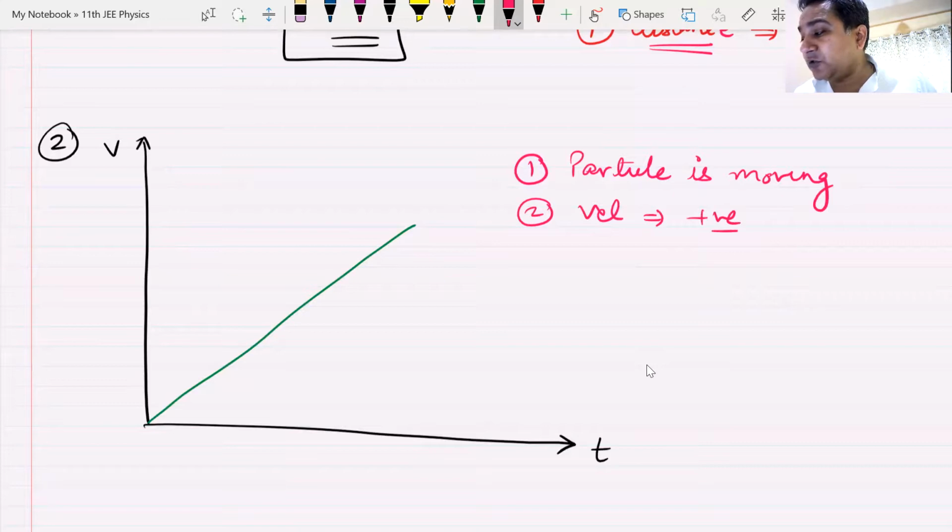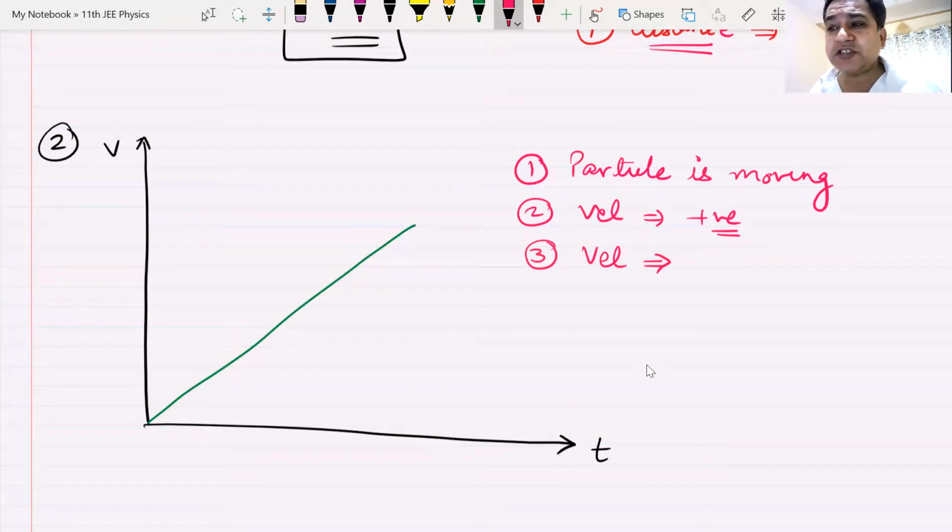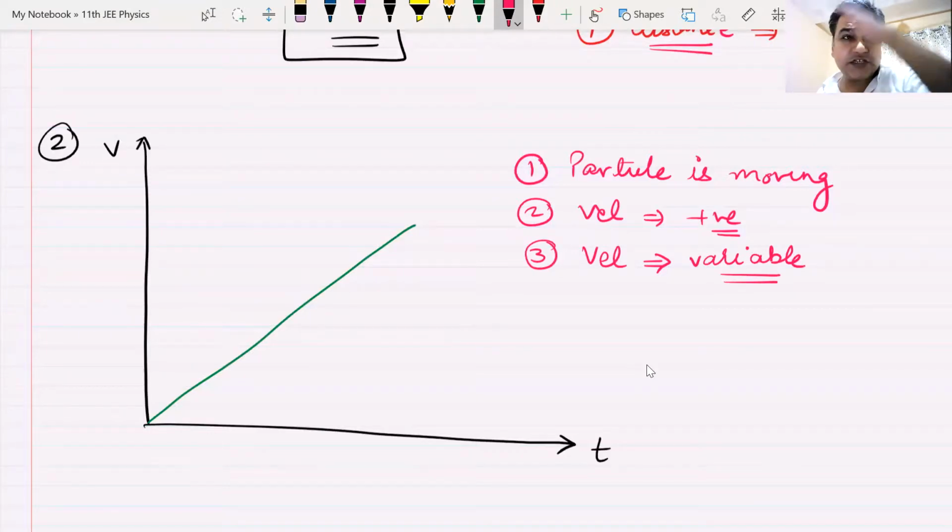Yes or no? Is the velocity constant or variable? The velocity is variable. It is changing. Here it is different. Here it is different. Yes or no?